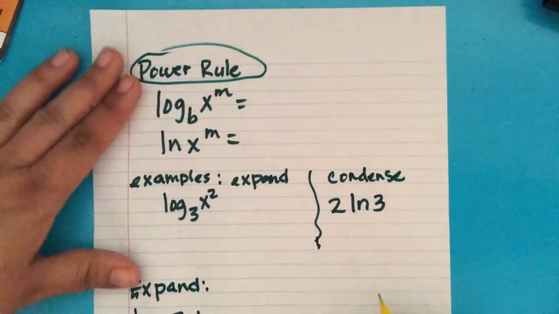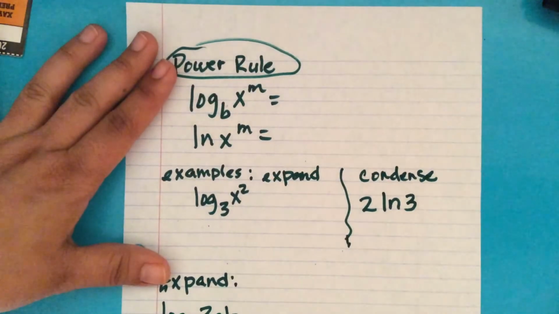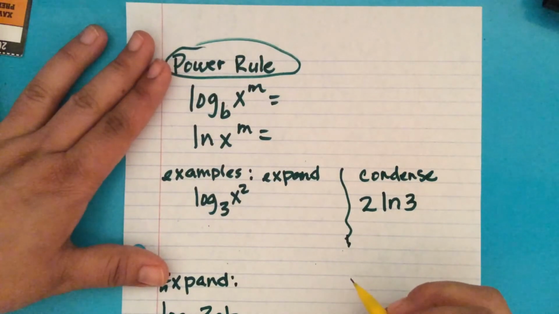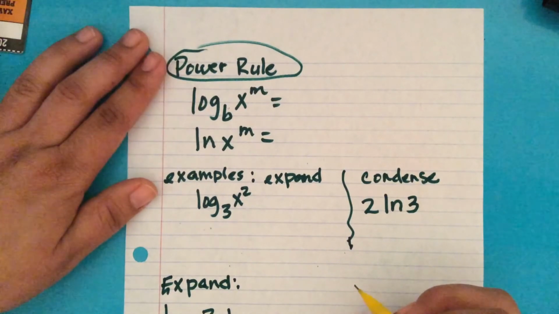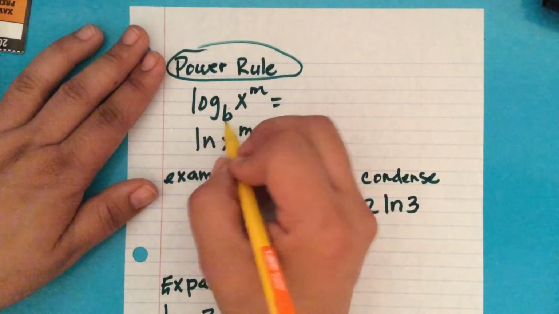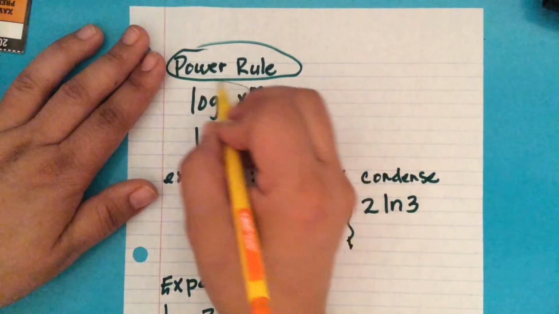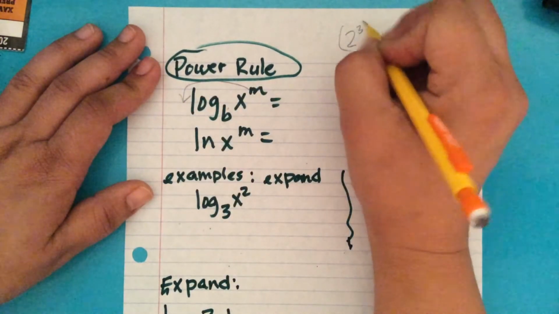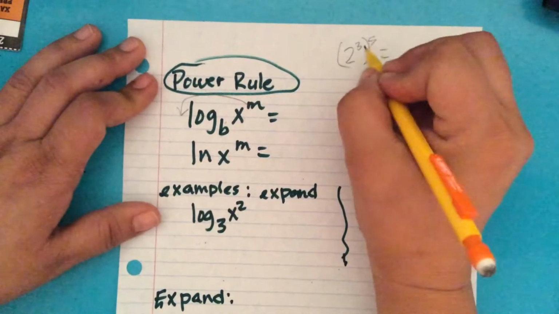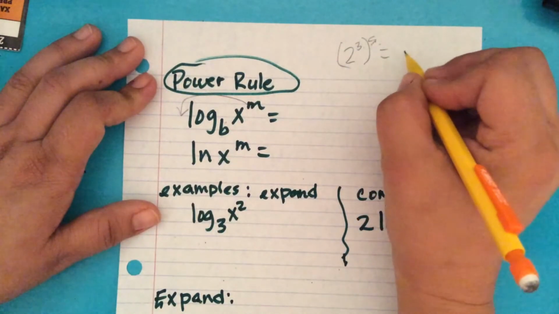Okay, we're going to keep moving here with the power rule. Now the power rule, we've talked about this so that we can solve exponential equations. And this is the only rule that we talked about back in April. So if you have log base b of x to the m, you're going to move that over here. So when you have 2 to the 3 to the 5th, remember you multiply those two.